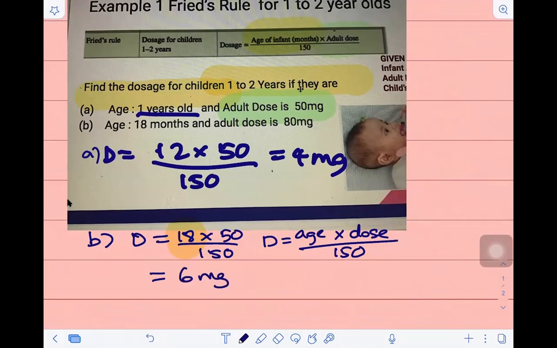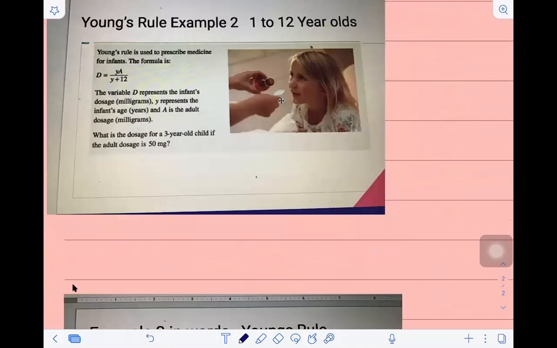Okay, so let's look at the next one. That's Fried's. Now we're going to look at Young's rule. Important when you're doing this that the Y is in years for the age of the child. The age of the child here is 3, so it's 3 years. The adult dose is 50. Your formula is D is Y times A over Y plus 12.